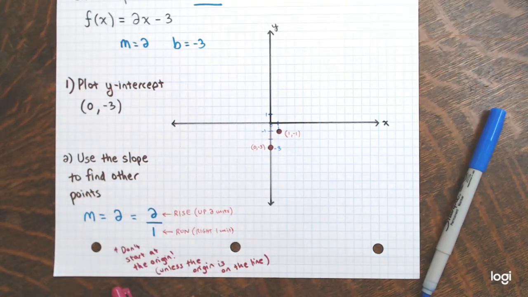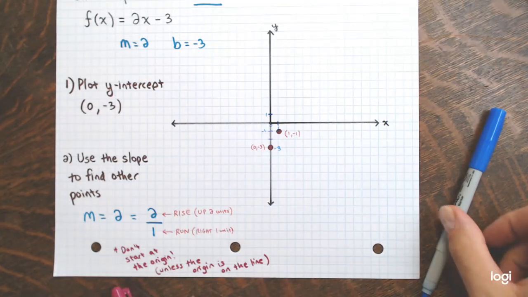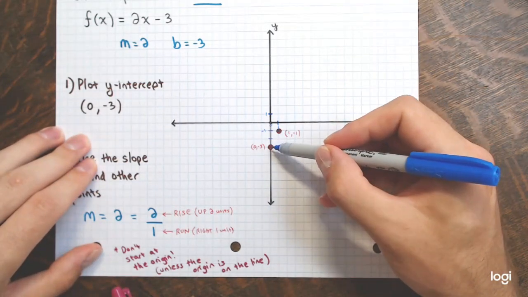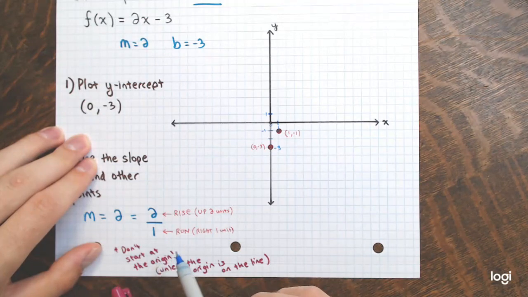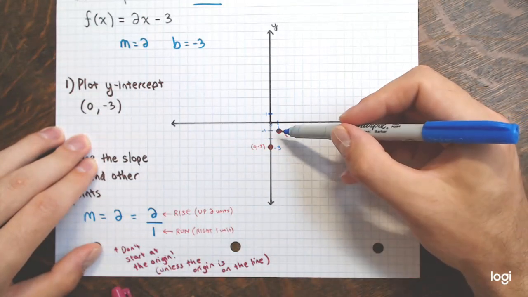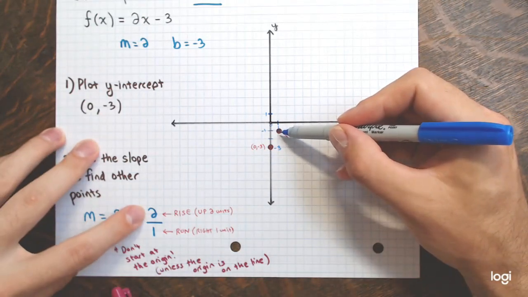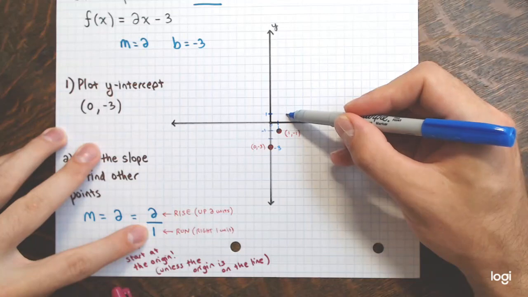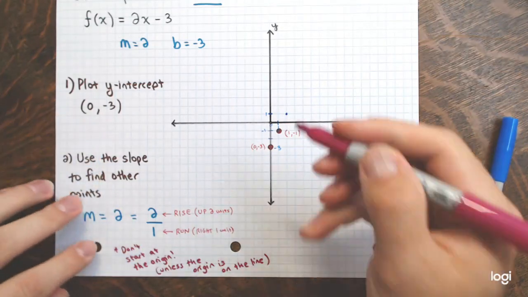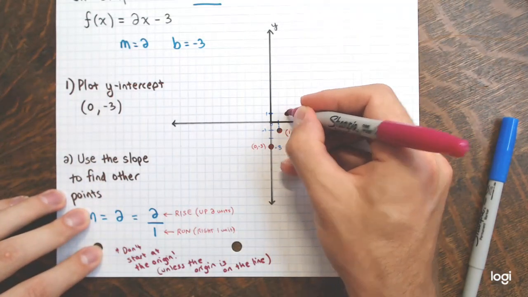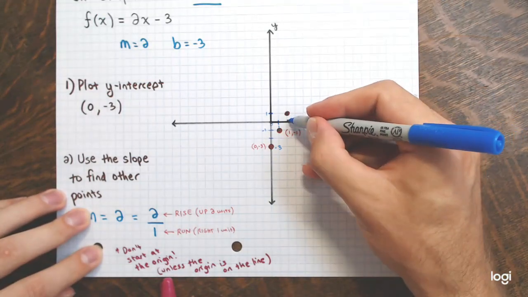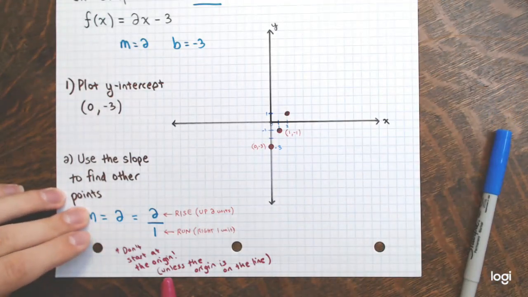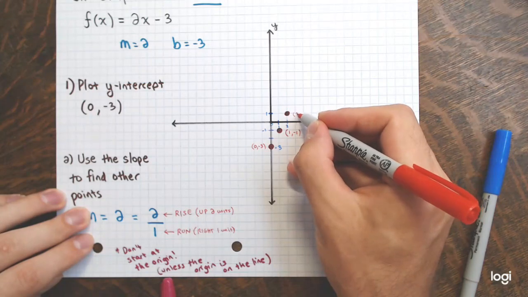And you could keep going. From this point, again, don't just start at the origin, start from a point on the line. From this point, I use the slope to find another one. Use the rise up 2 and the run right 1, and now I'm here at this location, which has coordinates positive 2 on the x, positive 1 on the y.